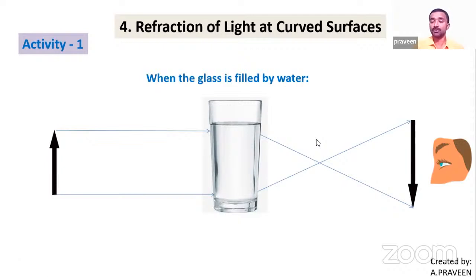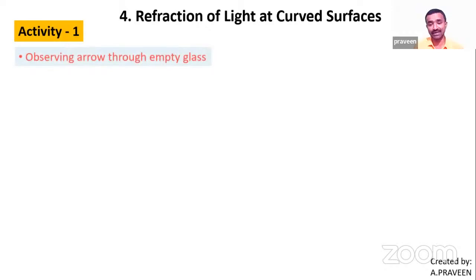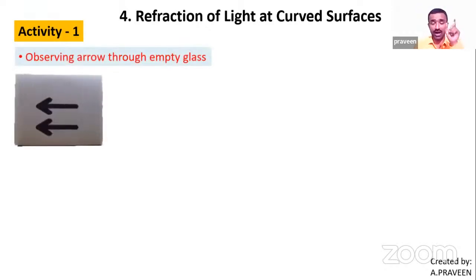For that purpose, I am simply showing you clearly what happened in the activity, observing the arrow through the empty glass. Here I am taking two arrows facing the same direction, having the same length and the same thickness, no change in thickness and no change in direction. Two arrows taken. Then I observe through the empty glass.